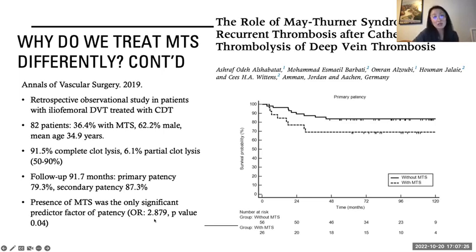The presence of MTS was the only significant predictor of patency, with an OR of 2.879 and a p-value of 0.04. So the conclusion from these two is that MTS probably is somewhat different than just a standard DVT, and therefore does warrant different treatment despite what the guidelines say.